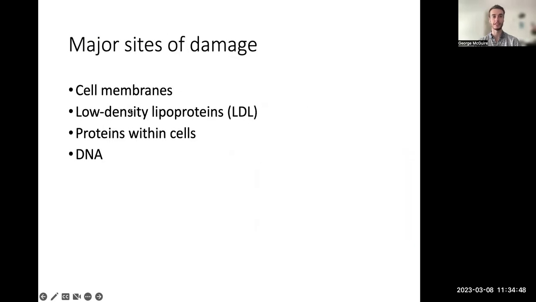And so these major sites of damage, as I said, cell membranes, very common, as well as our low density lipoproteins, which are carrying cholesterol and other fats throughout your blood. And so when there are too many free radicals, it could damage that LDL and thus increase the amount of cholesterol it's depositing within your blood vessels and increase the potential of clotting. It can damage the proteins within our cells and can affect our DNA synthesis. It's going to be really important for our ability to make new cells.